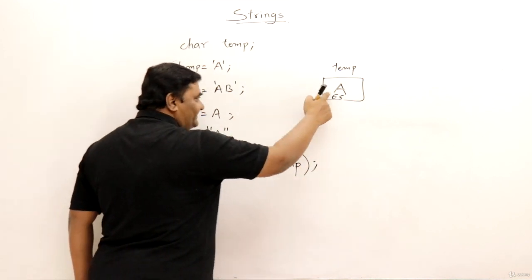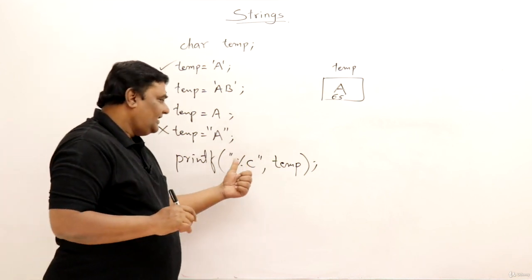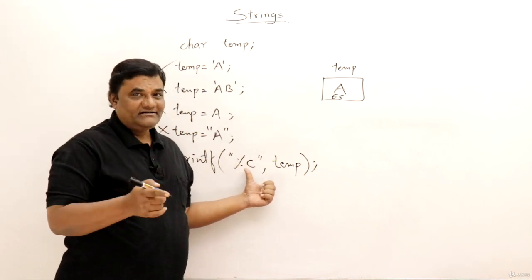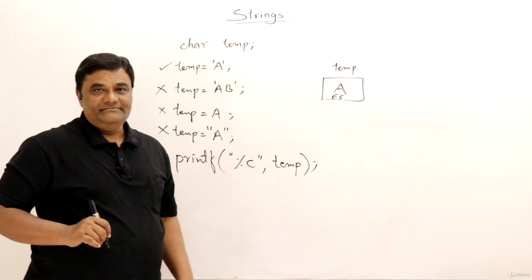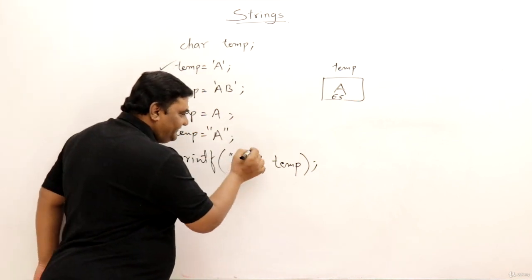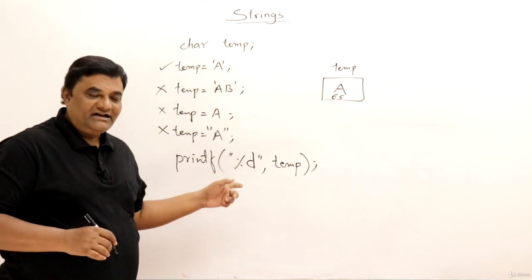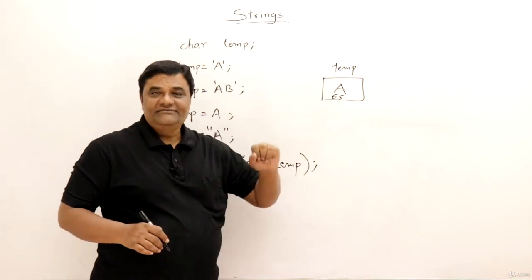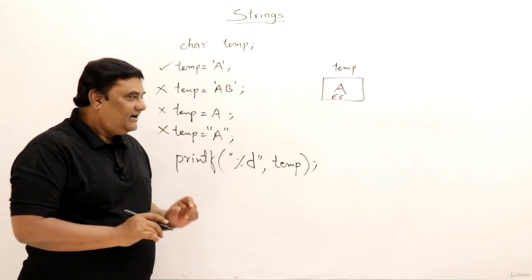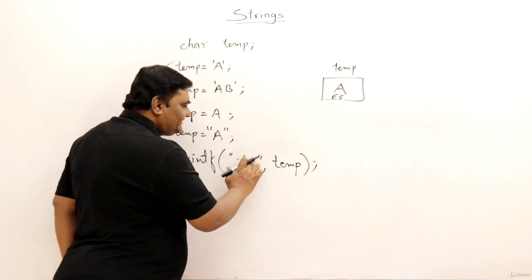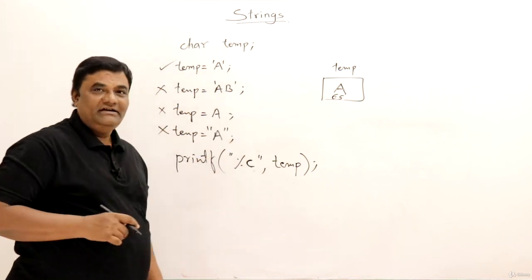Now the value of temp is 65, so actually printf should print 65, but we have given the control character c, so it will print the letter A on the screen. Instead of c, if I make it d, then it is a decimal number, integer type, so it will display 65 on the screen. As we said that we want this in character form, printf will print that as A.